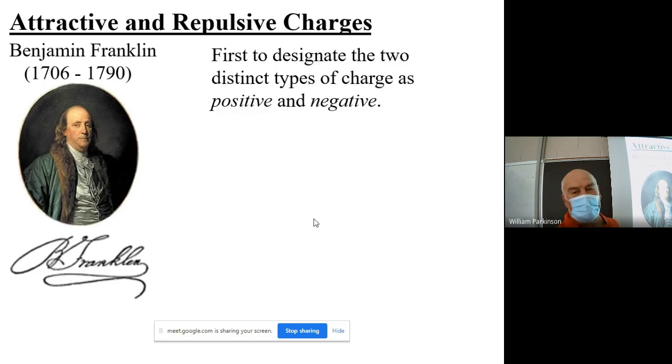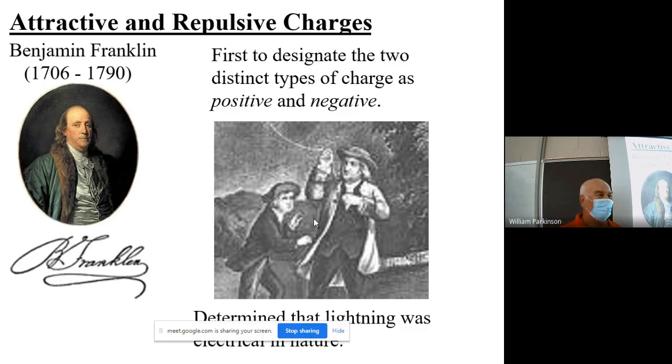So this person, who I'm sure we've all heard the name of, was the individual who deemed and first designated the distinct types of charges, and he decided that we should just call one positive and one negative. Now, the simple connotation I would imply to you for this designation is like this.